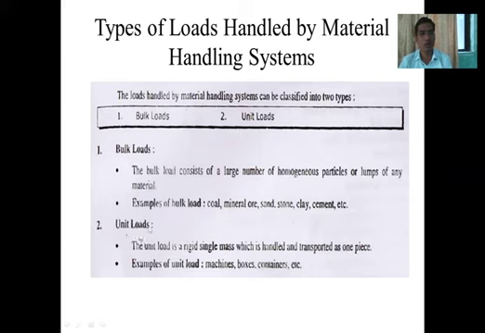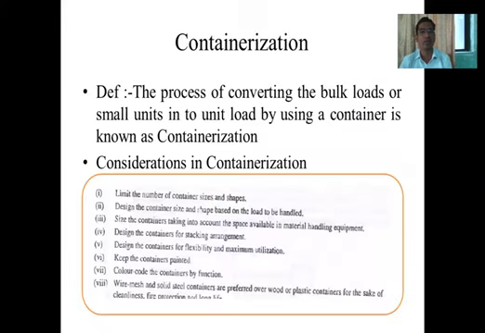In containerization we convert bulk load into small parts or units, or a single mass or single piece unit. So that becomes a unit load. These are the two main types of loads handled by the material handling system: the bulk load and unit load.